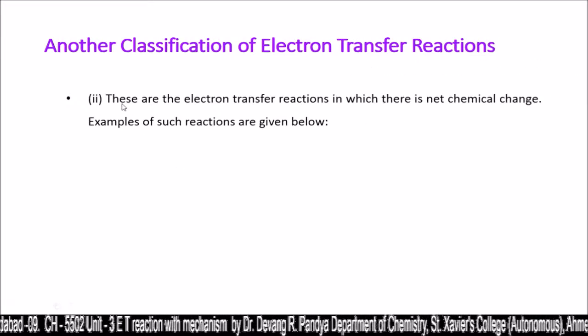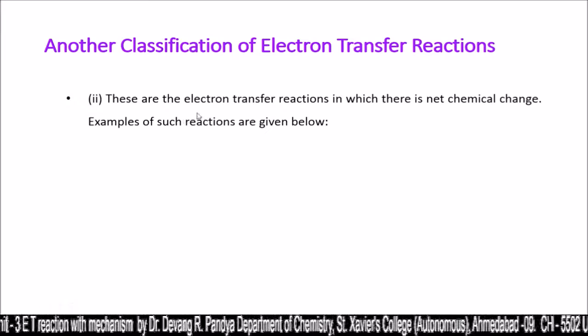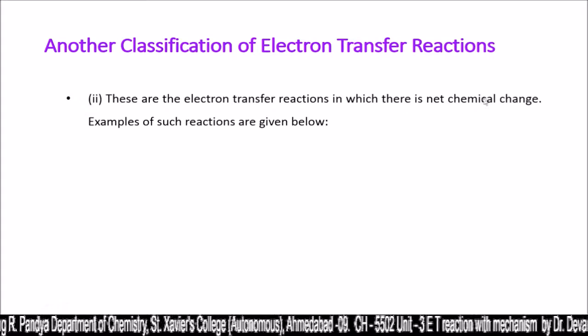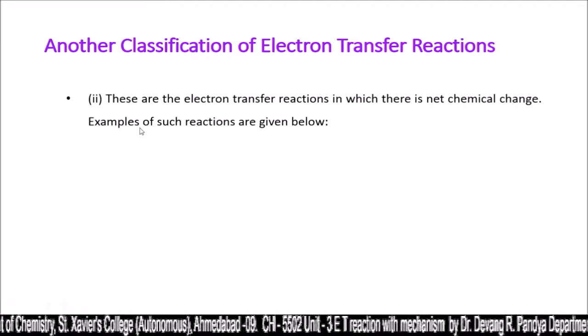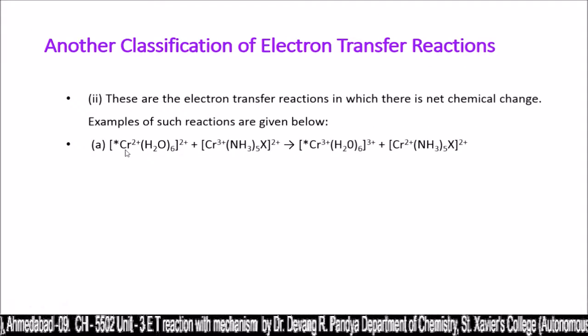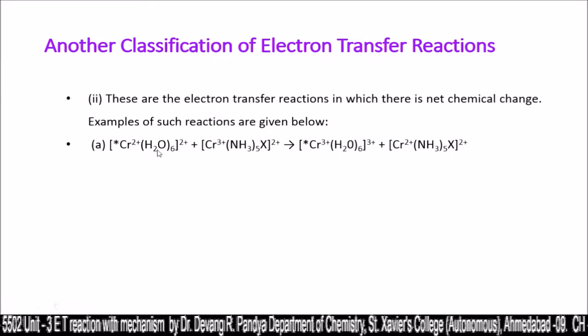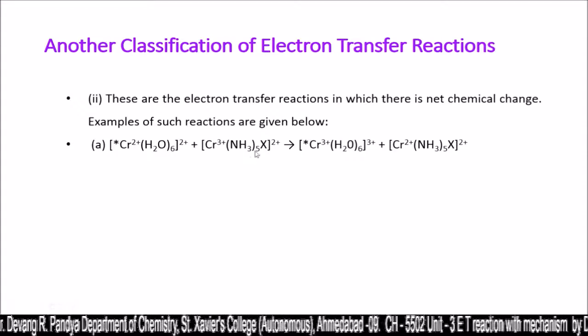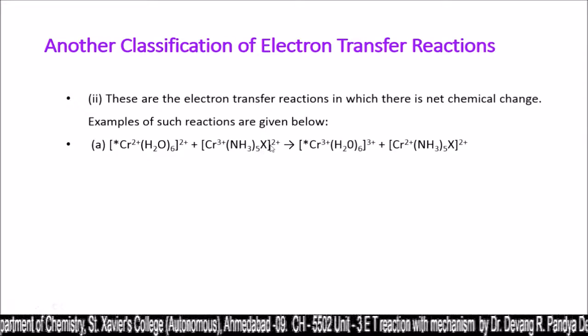The second class in this classification is the electron transfer reactions in which there is net chemical change. The example of such reactions is given here. We have the chromium(II) hexaaqua complex and the chromium(III) pentaammine monohalo complex.